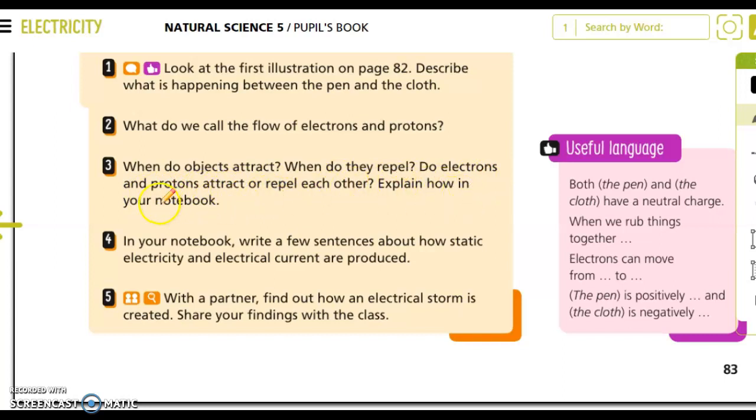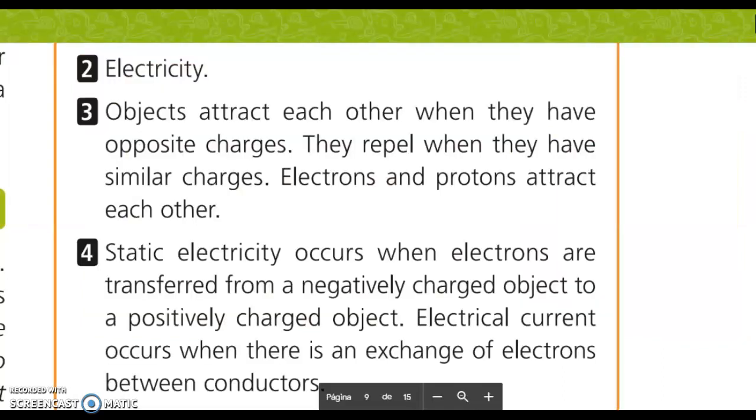Explain how in your notebook. And then exercise number 4, in your notebook, write a few sentences about how static electricity and electrical current are produced.